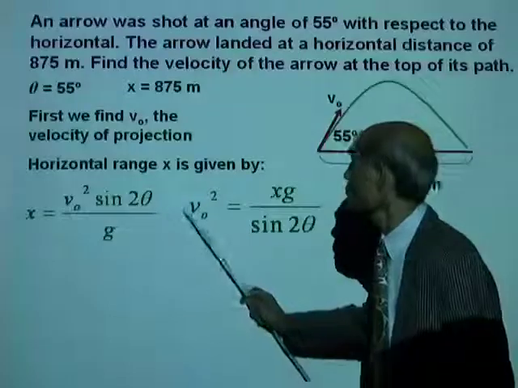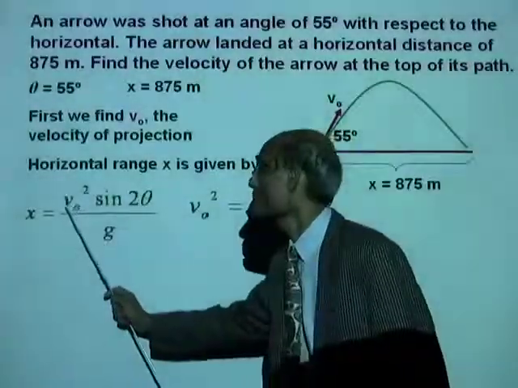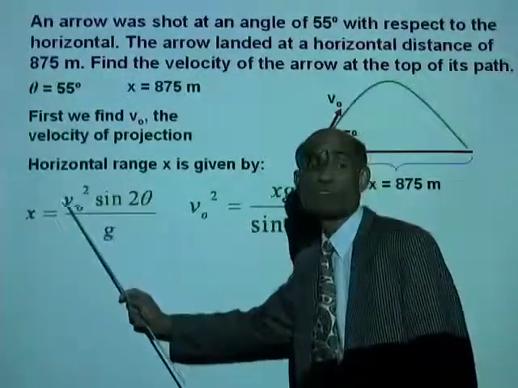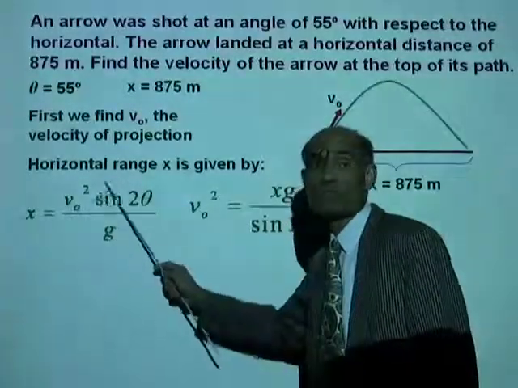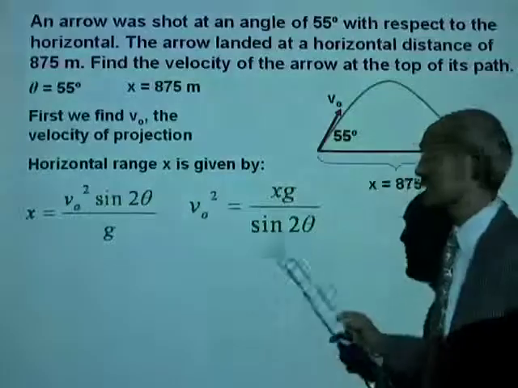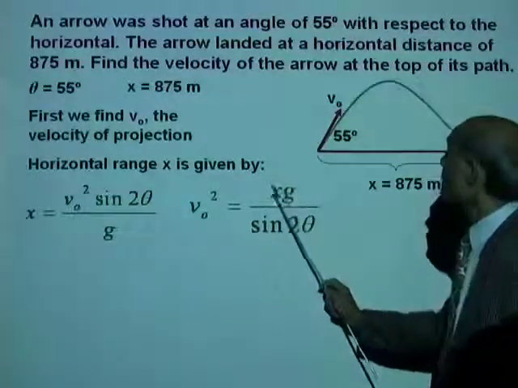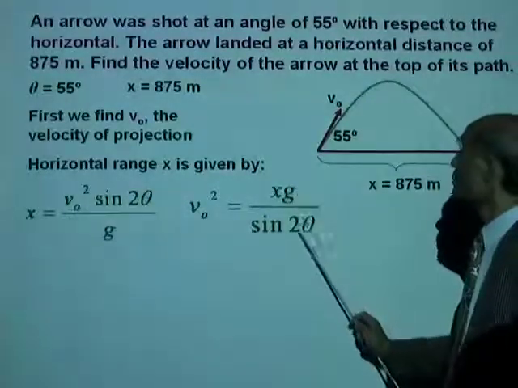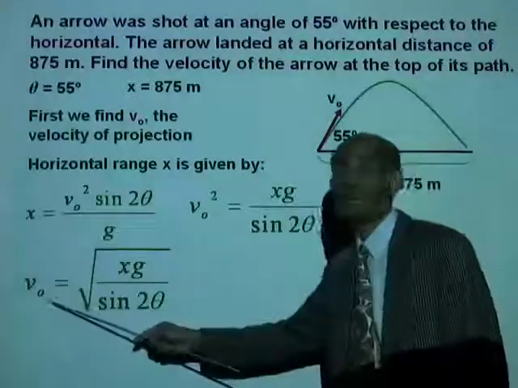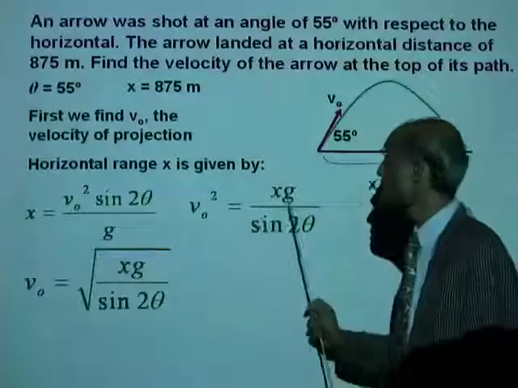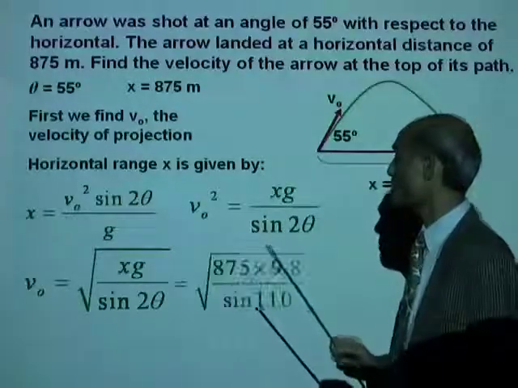So, solve for V0 squared. V0 squared equal to x times g divided by sine of 2 theta. There you are. Now, x is known, g is known, theta is known. We use all those values and calculate V0 equal to the square root of that quantity.